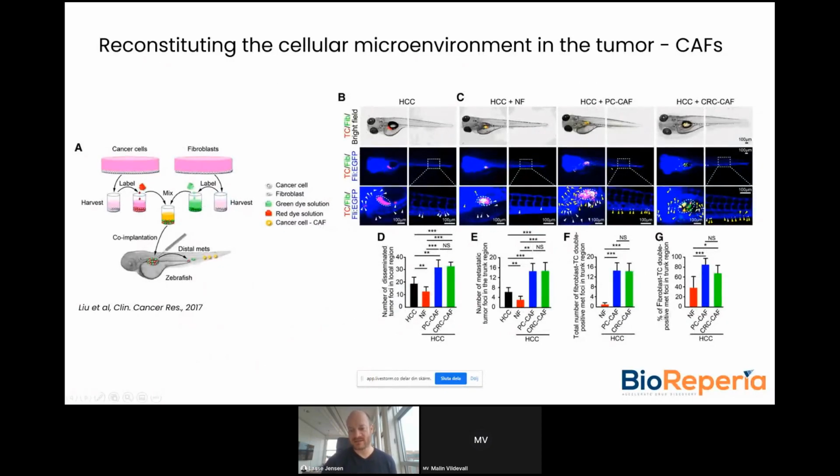You will see that these CAFs lead to markedly increased local invasion, but also distal dissemination to this hematopoietic caudal plexus compared to the hepatocellular carcinoma cells themselves that were moderately invasive in the local environment, but not nearly as much as seen when they were combined with the CAFs. This was specific for the CAFs, as normal fibroblasts did not elicit a pro-metastatic phenotype of these hepatocellular carcinoma cells.